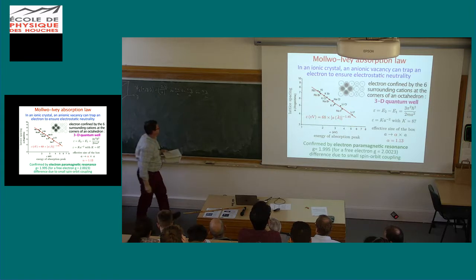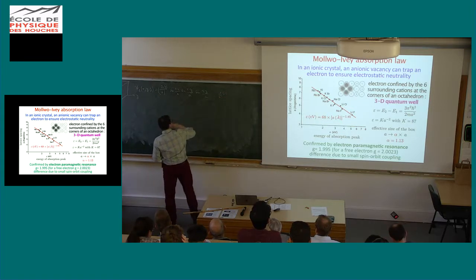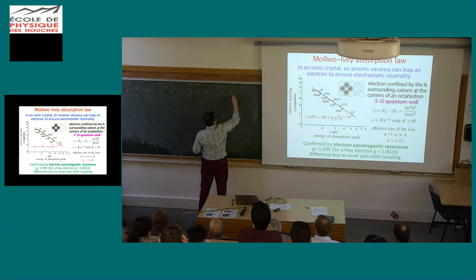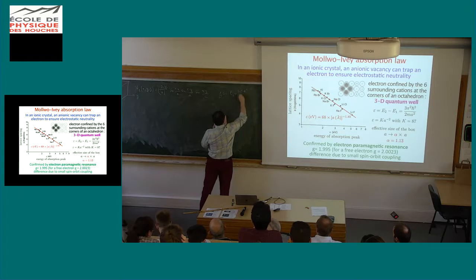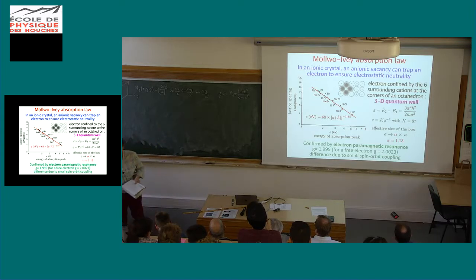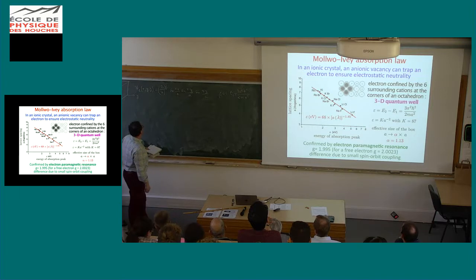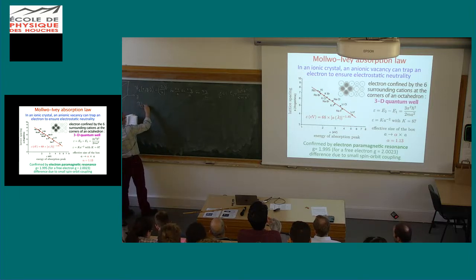This state is non-degenerate, j equals 1, and its energy is E1 equals 3π²ħ² over 2ma². And m is the mass of the bare electron, not an effective mass in the crystal, in this very simple, naive model.